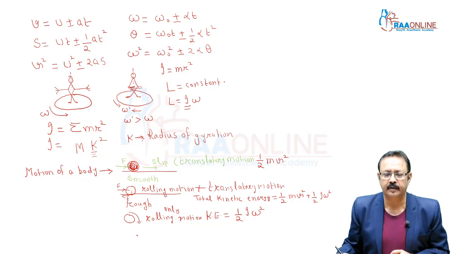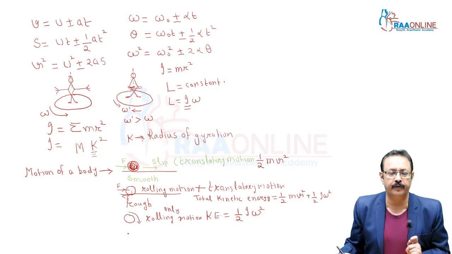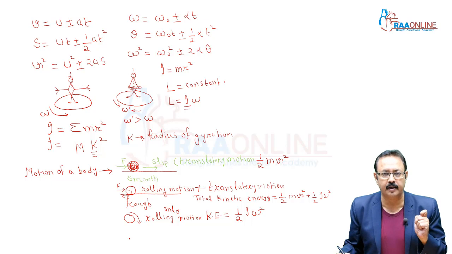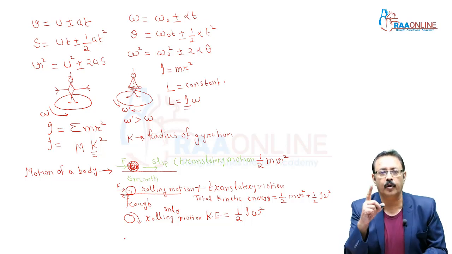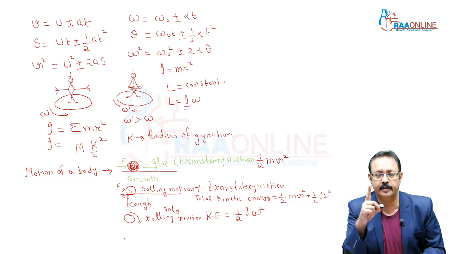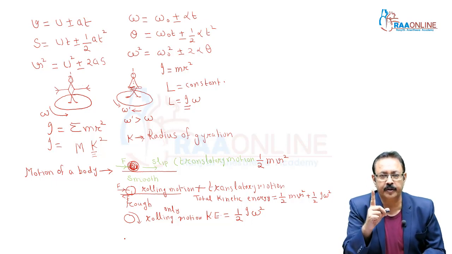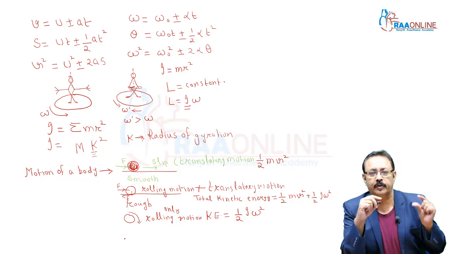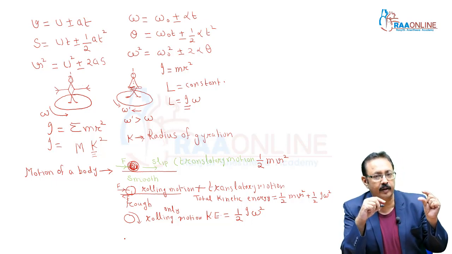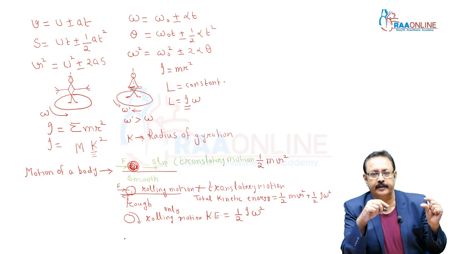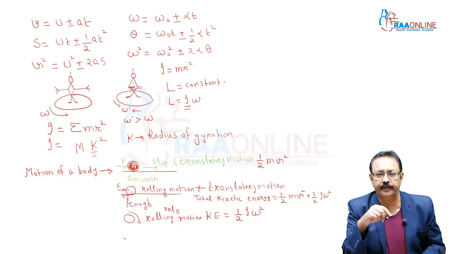Getting my point? So don't be confused if both motions are there and they are talking about kinetic energy. It means they are talking about total kinetic energy. In 4 options, definitely they will put only rotational kinetic, only translatory kinetic energy. Their sum should be there. And 4th option they can make any one.